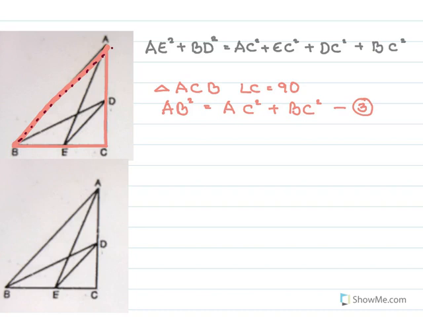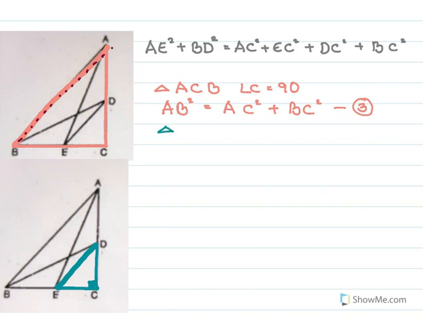Similarly out here, we see that DC square plus EC square, because this is 90, will be equal to DE square. So I'll write that too.